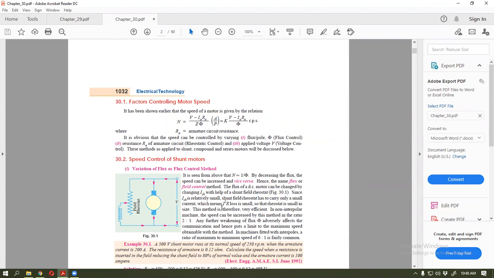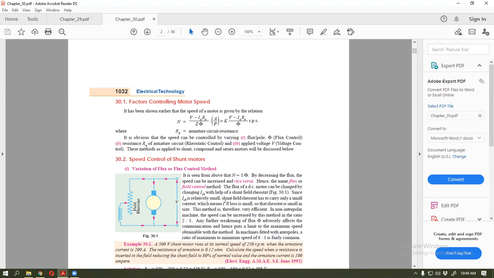We know that speed controlling has three types: the voltage control method, the field control method, and the armature resistance control method. These apply to our two types of motor, the shunt motor and series motor. Okay, are we clear? Clear.